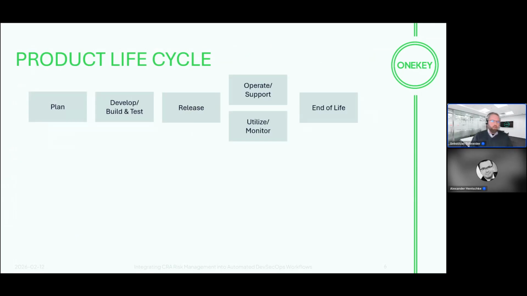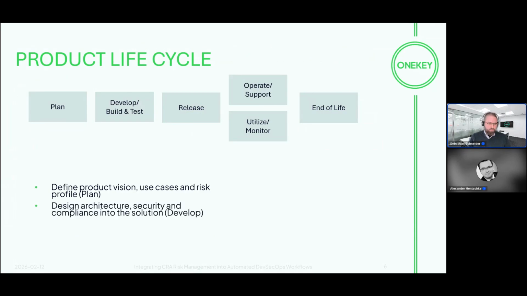So looking here at a traditional product lifecycle, usually you start with a new product with a planning phase. You define exactly what this product should do. Perhaps you do an initial risk assessment based on the use cases that you plan for a product. You then start to design the architecture, perhaps already have some security and compliance factored into the solution.